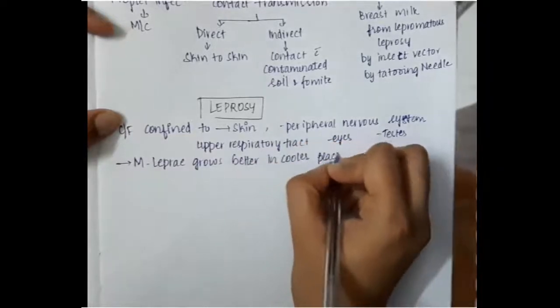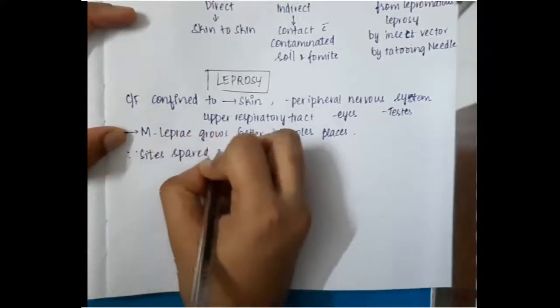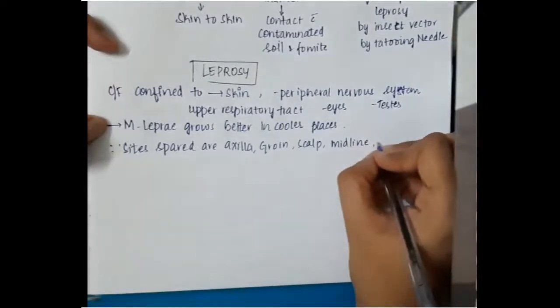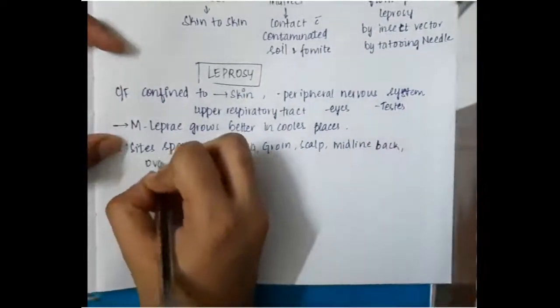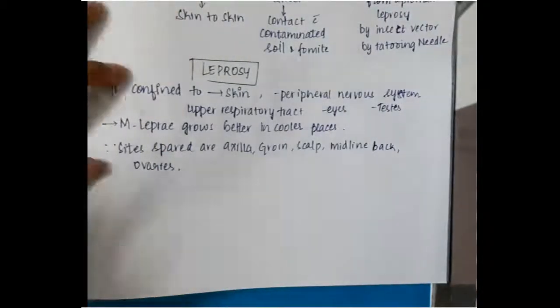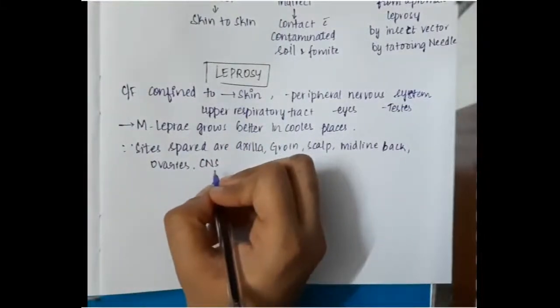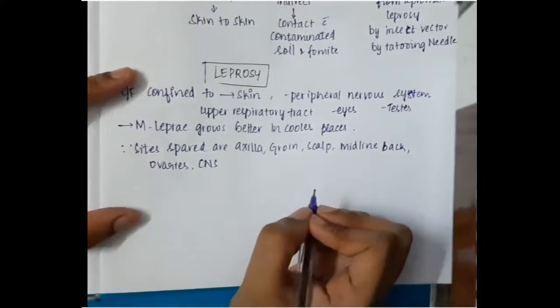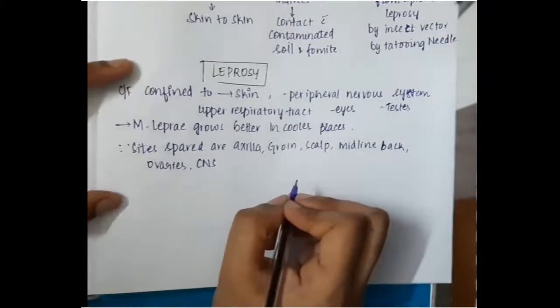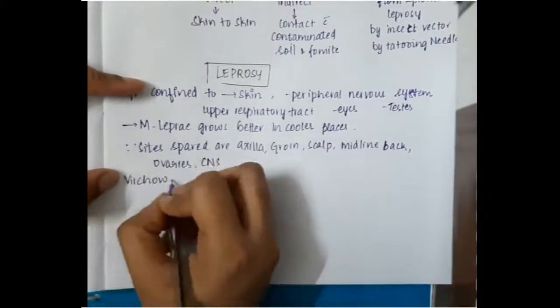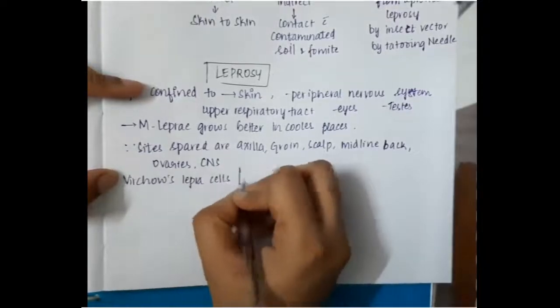Warmer areas like the axilla, groin, scalp, midline back, ovaries, and central nervous system are spared, whereas cooler areas like skin, peripheral nervous tissue, anterior chamber of eye and upper respiratory tract are affected.